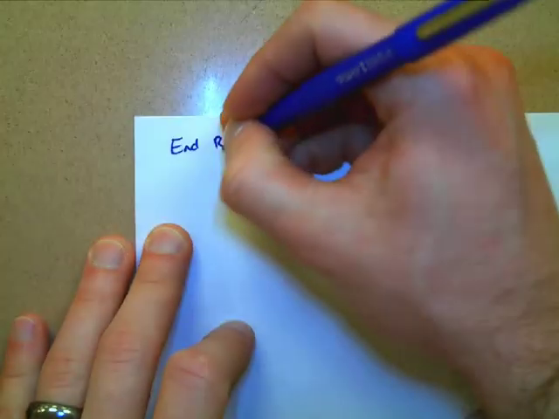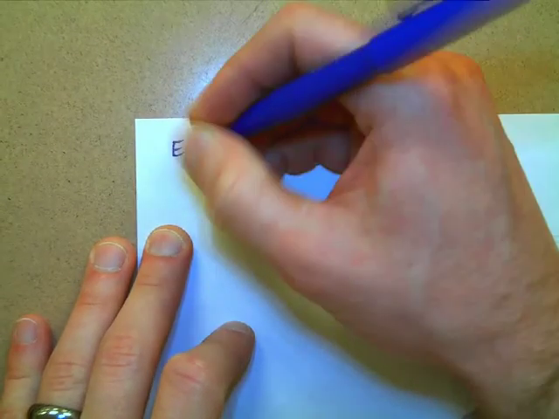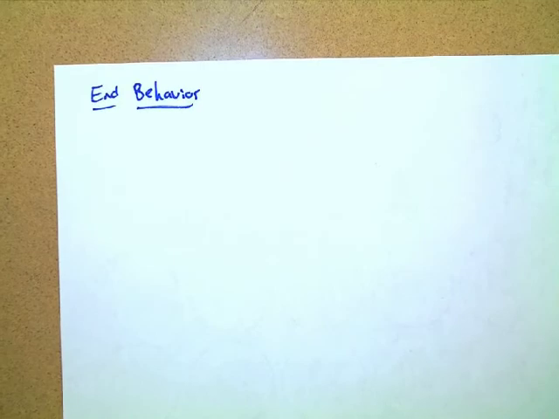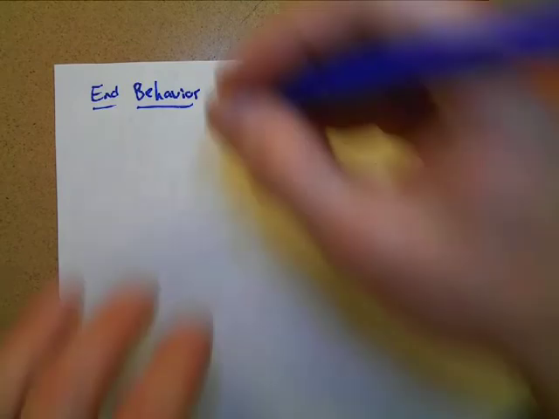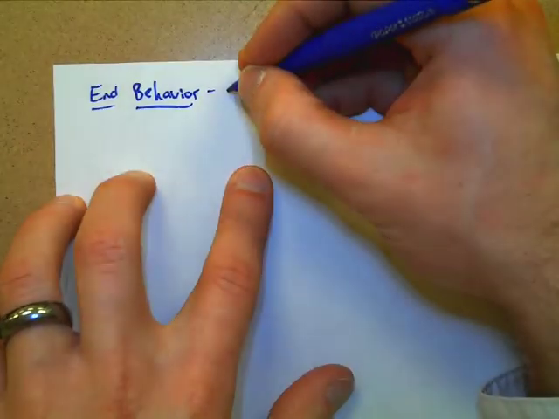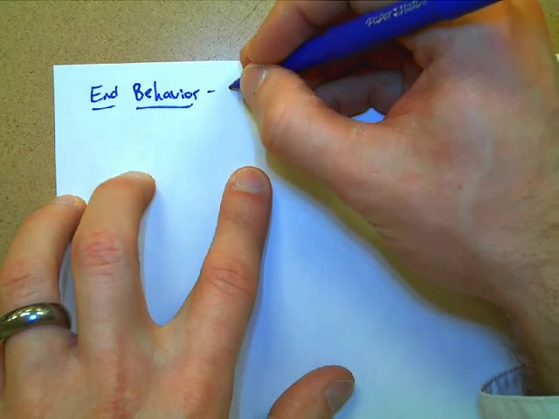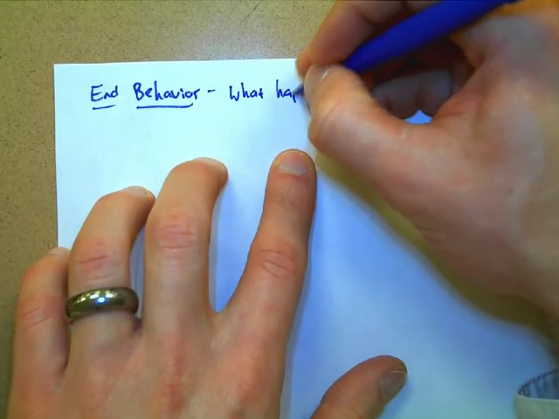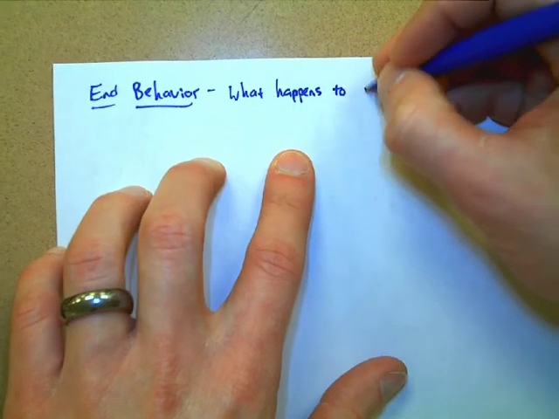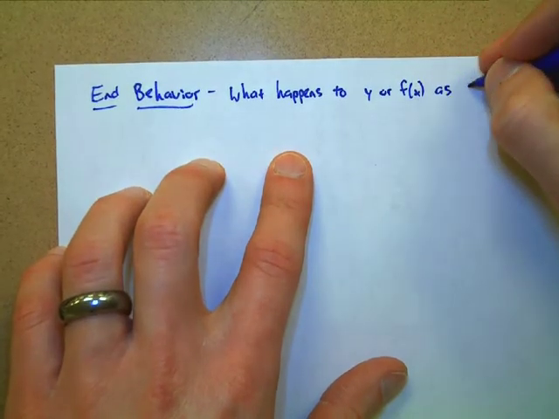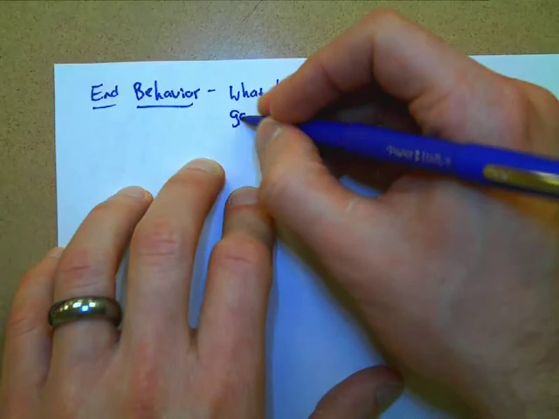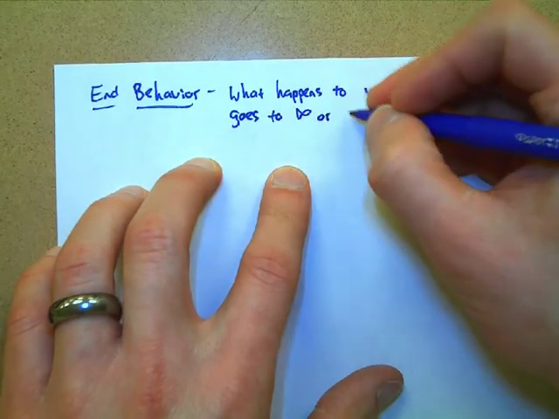The one other characteristic that we're going to be responsible for today is end behavior as well, which in some sense we do describe with domain and range to an extent. So we're going to answer the question, what happens to y or f of x as x goes to infinity or negative infinity?